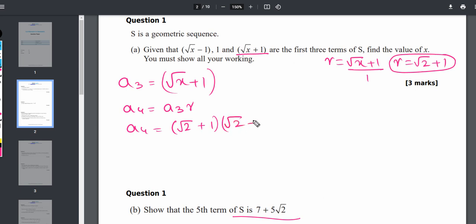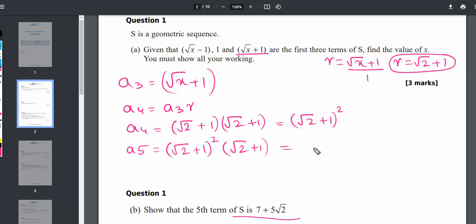R is also under root 2 plus 1, so it'll be under root 2 plus 1 whole square. And let's find out my fifth term. My fifth term will be equal to under root 2 plus 1 whole square times the common ratio, that is under root 2 plus 1. So it will become under root 2 plus 1 whole cube.